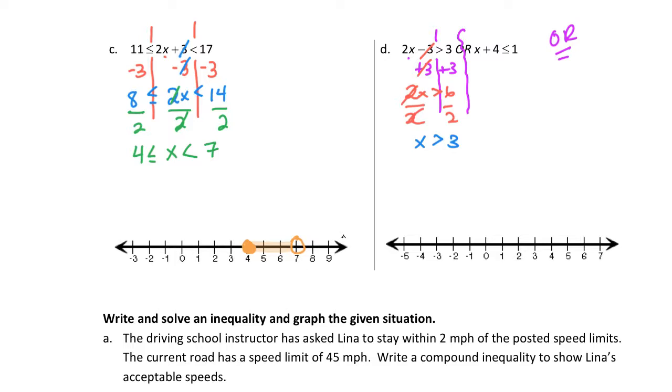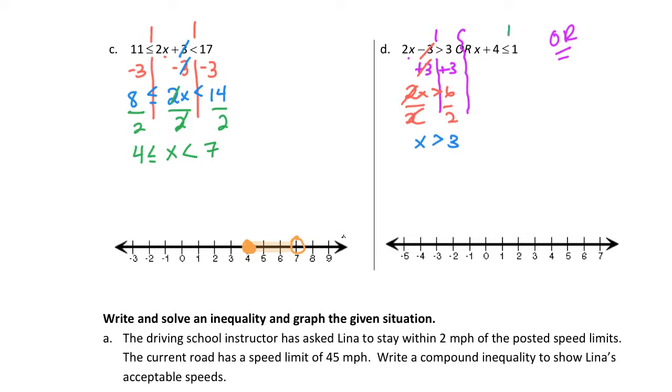Now don't forget that your rules about multiplying or dividing by a negative still will come into play here. So watch out for those. I just didn't give you any examples like that because I didn't want to mess you up.